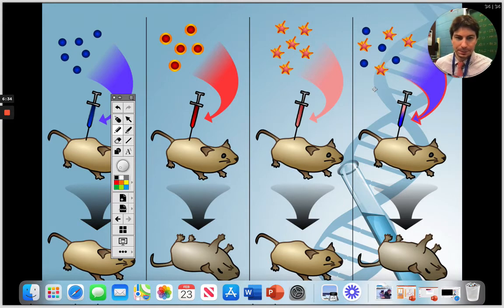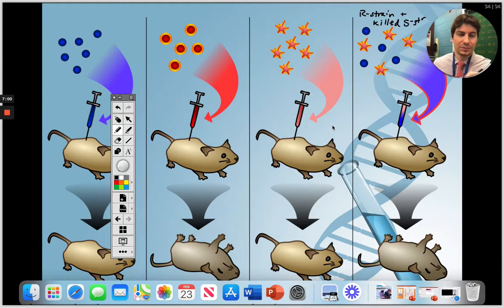All right, so here's the last one. And here's what happened. So what they did was they took the R strain. So this is the R strain. The blue ones are the R strain. And they added it to the killed S strain. Oops.